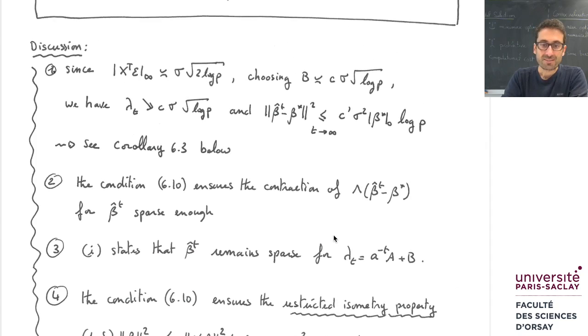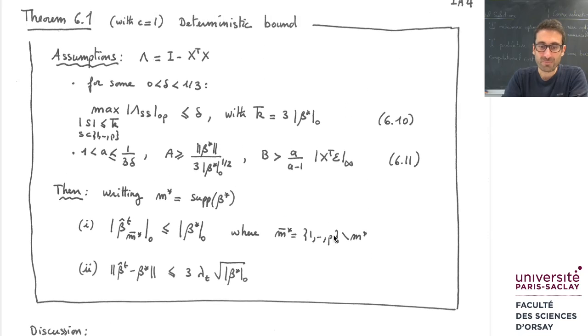Right, so let's prove this theorem. We will assume that this holds at step t, and we will prove that it holds at step t+1. Of course, we have chosen the initialization so that this holds for t equal to 0.